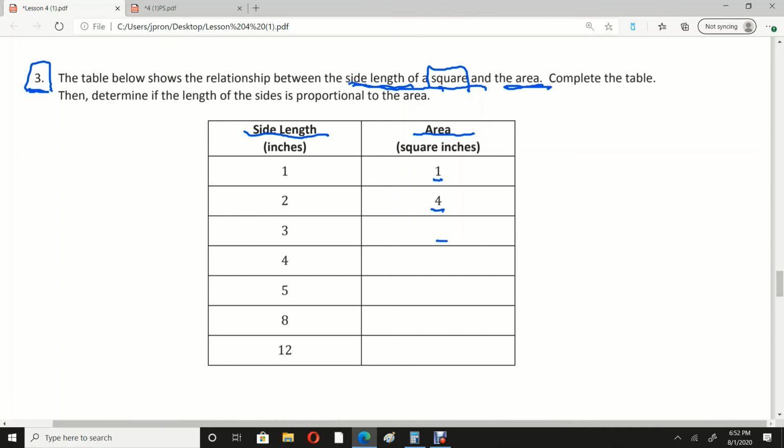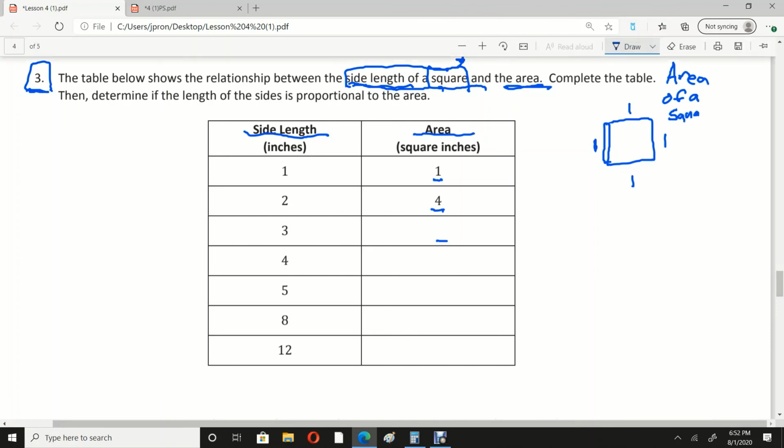Okay, so length of the side of a square, right? What do we know about a square? We know a square has equal sides, right? So whatever the length of one side is, it's going to be equal to the others, right? So if a square has a side length of 1, how do you determine the area of a square?